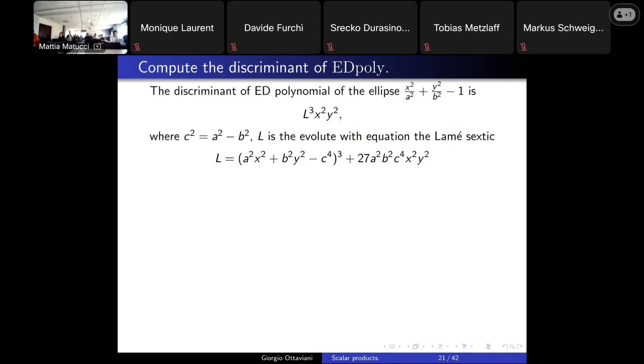Sorry, are you using something basic? What's the geometric interpretation of the hypersurface you get from the ED polynomial? It means that two values of the distance are the same, because you computed the discriminant of the equation which computes all the critical values.